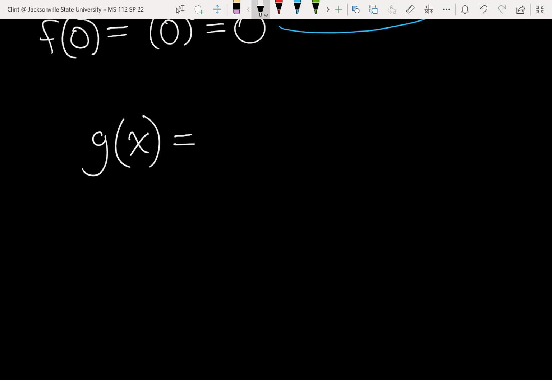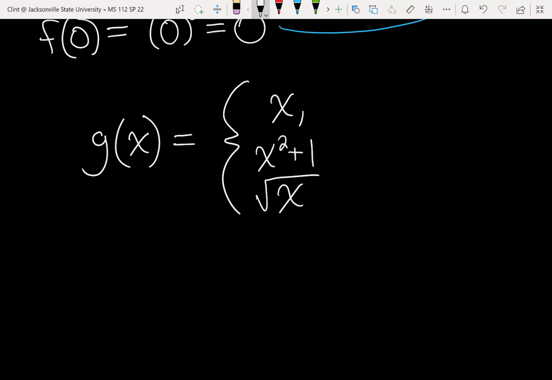And there's no limit on how many different pieces you can have. And let's do one with 3 pieces here. So let's see, we'll do this one.